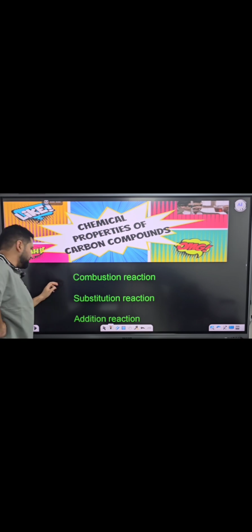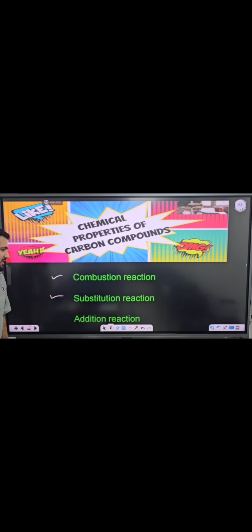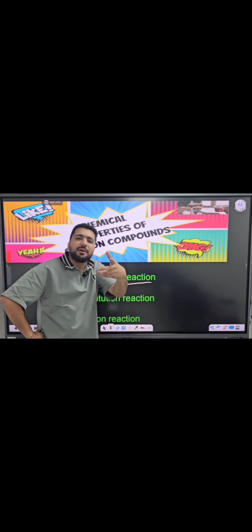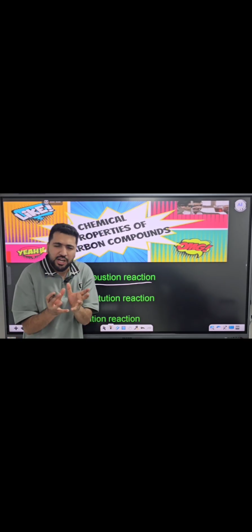Now guys, we have the chemical properties of carbon compounds. One is combustion reaction, the second is substitution reaction, and the third is addition reaction. Combustion reaction is shown by all types of hydrocarbons, be it saturated or unsaturated.